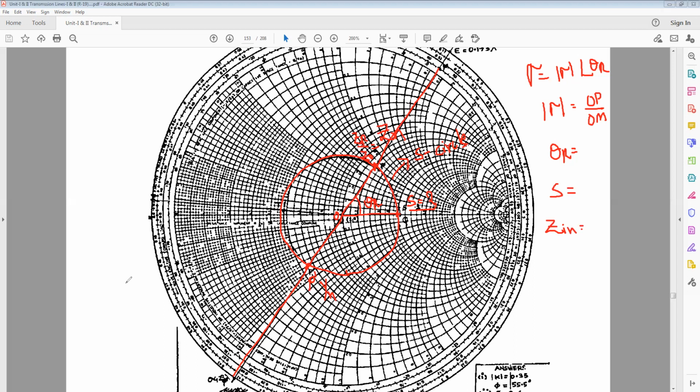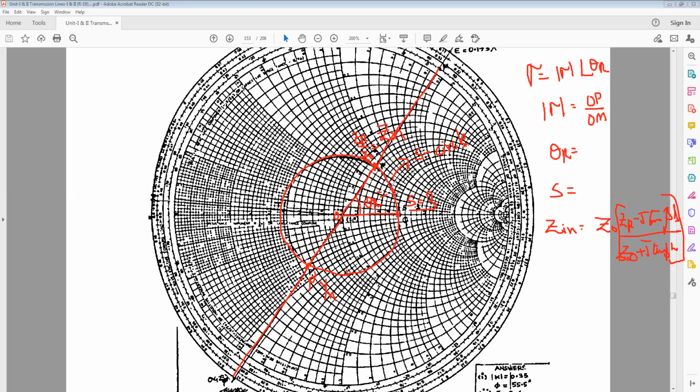Zin is equal to Z0 whole multiplied by ZR plus j into tan beta L, or beta S, the length, divided by Z0 plus j into ZR tan beta L. Using the length and the beta value, you can find the angle.